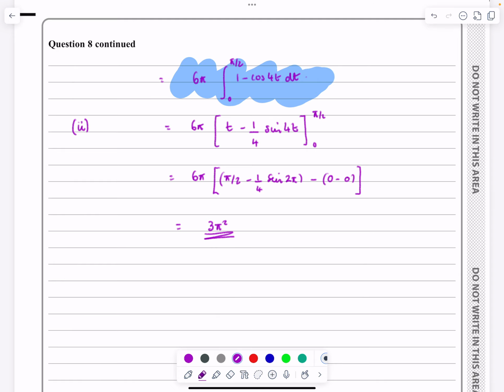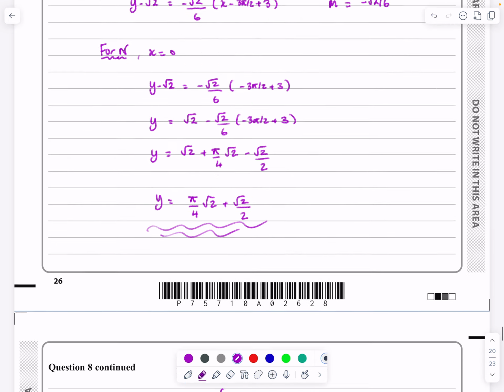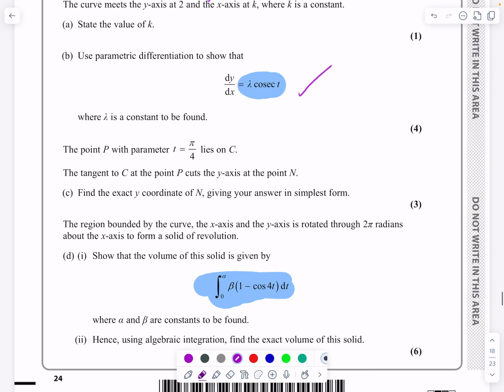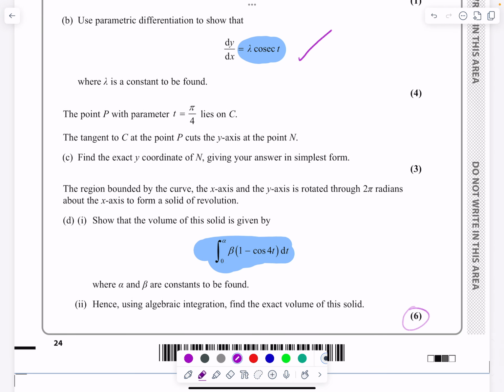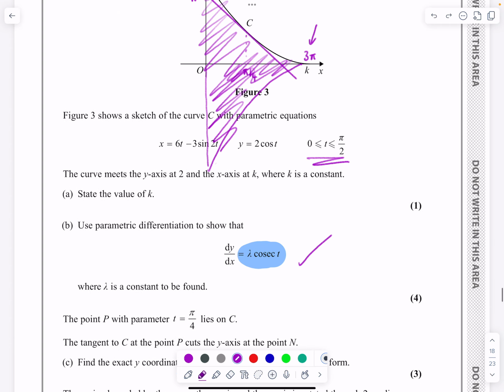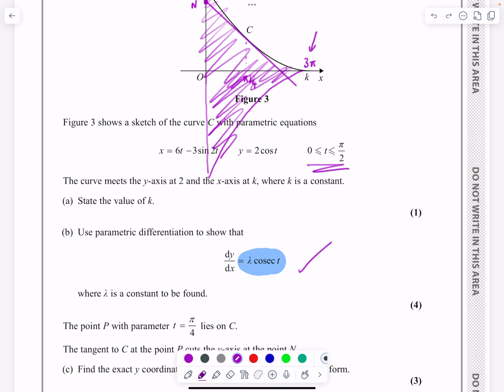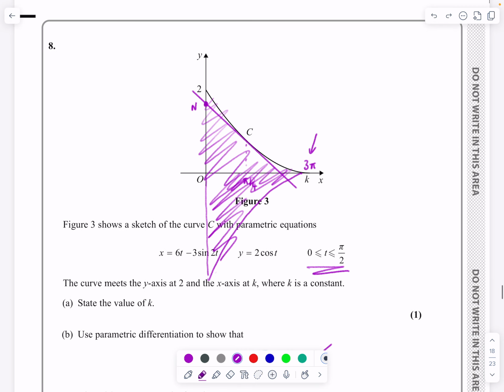And again, I'll let you go away and do that at your own leisure. But yeah, a really long question there, got quite complicated towards the end with the last part of that integration. But it's question 8, it's the last question on the paper, so fair enough that that's a little bit difficult. Hopefully that all makes sense to you.